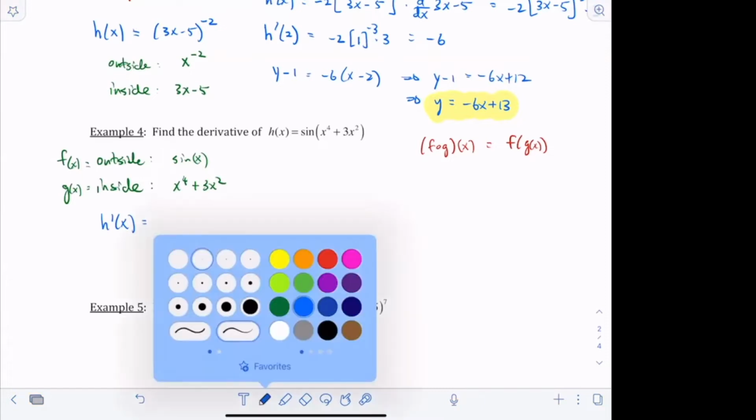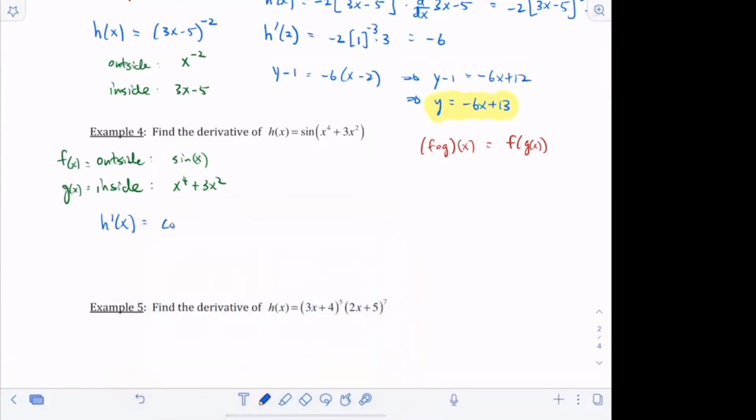Cool. So the derivative of sine of X is cosine of X. You got to keep the inside, which is X to the 4th plus 3X squared. You got to multiply by the derivative of the inside. And then let's just calculate what that derivative is.